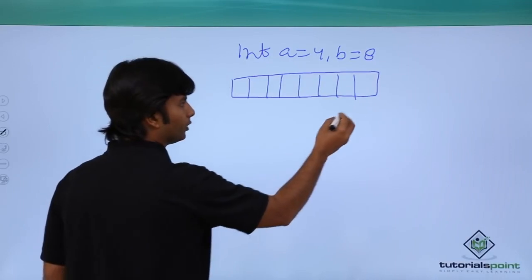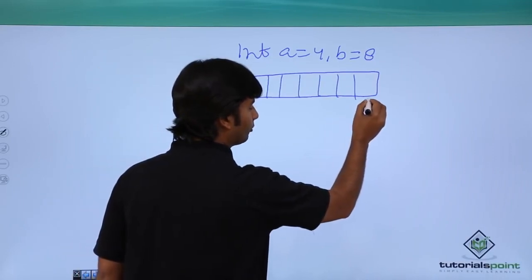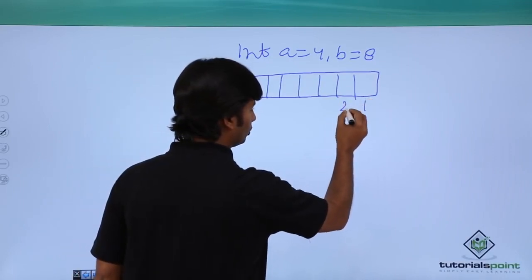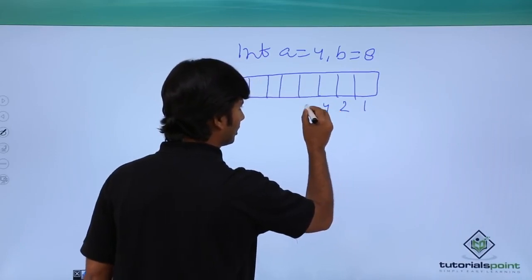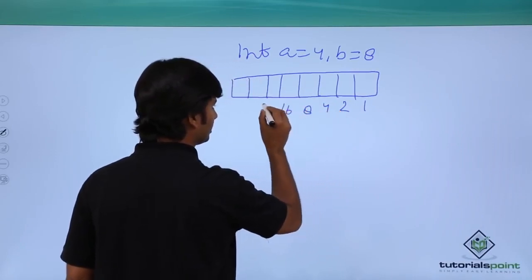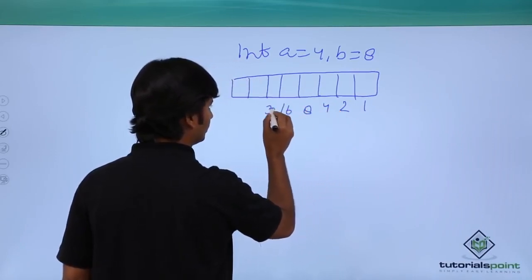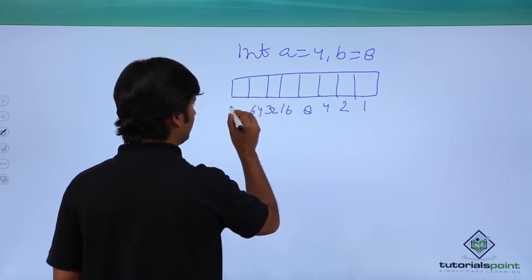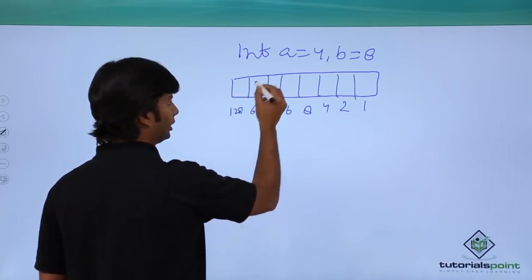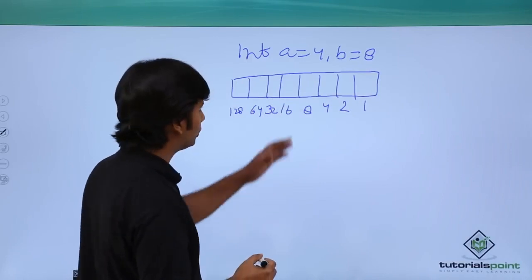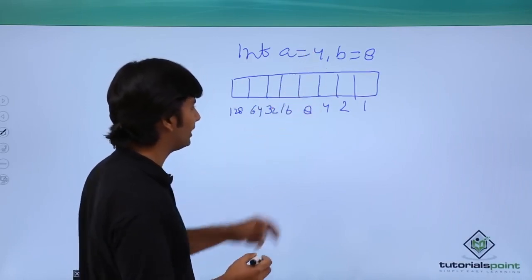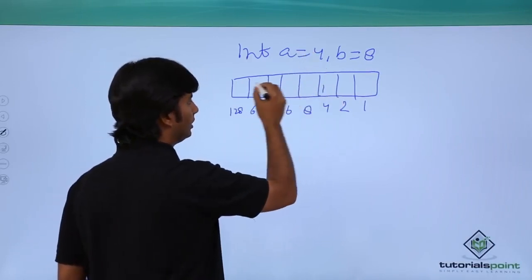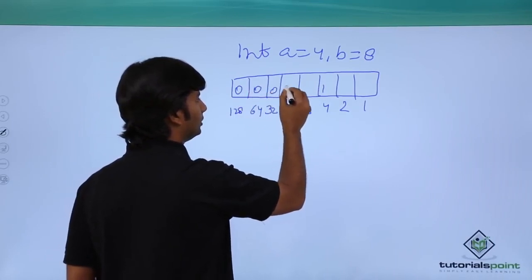Alright, and we know it will start from 1, 2, 4, 8, 16, 32, 64 and 128. That is for each block. So if I want to put 4 inside this, I will put a 1 here and the remaining will be 0.